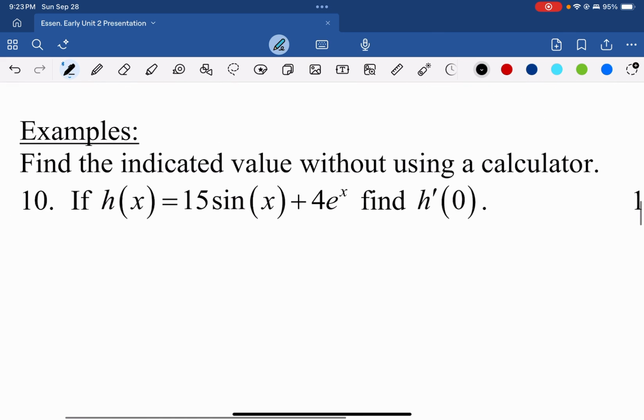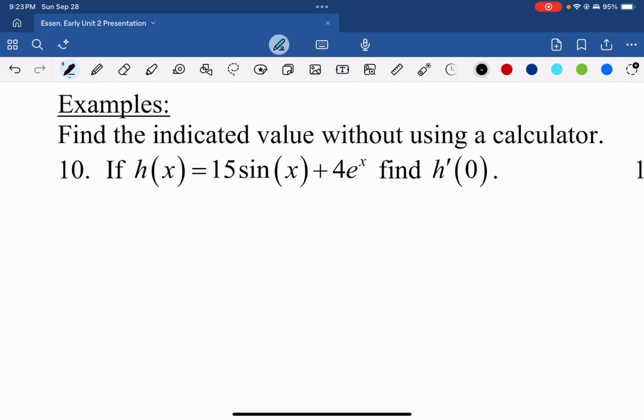Next, find the indicated value without using a calculator. If h of x equals 15 sine of x plus 4 e to the x, find h prime of 0. First off, we're going to find what h prime of x is. We've got our 15 sine x, and the derivative of sine is cosine, so we're going to have 15 cosine x.